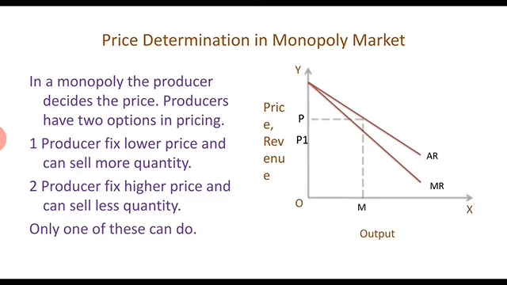If he determines the price as OP1, he can sell OM1 quantity. He cannot sell OM1 quantity at the price of OP.